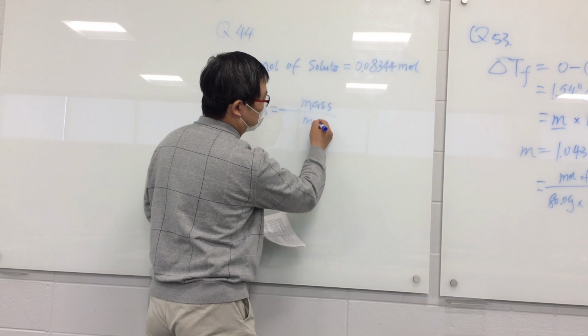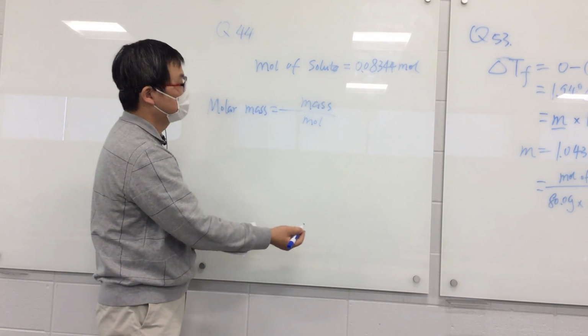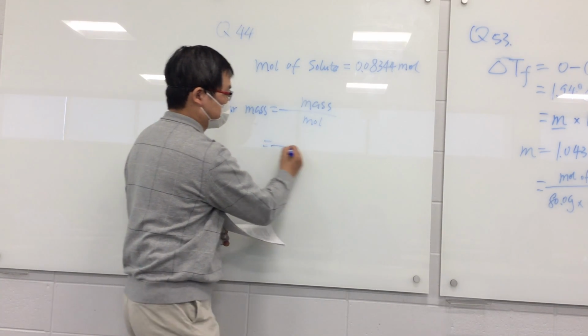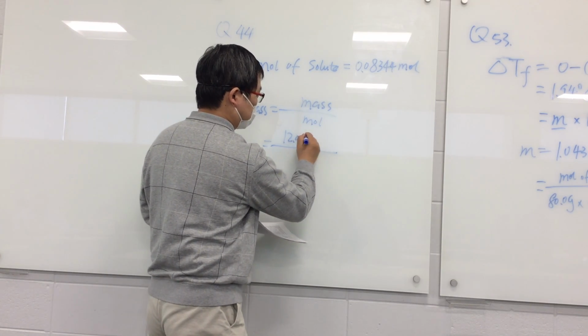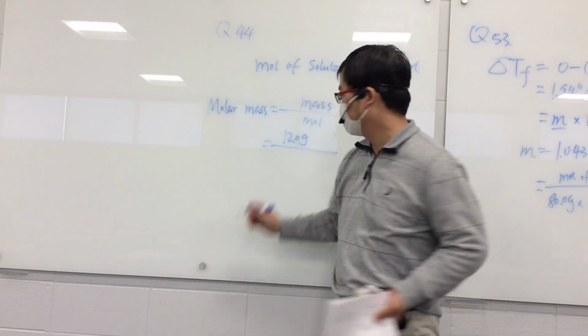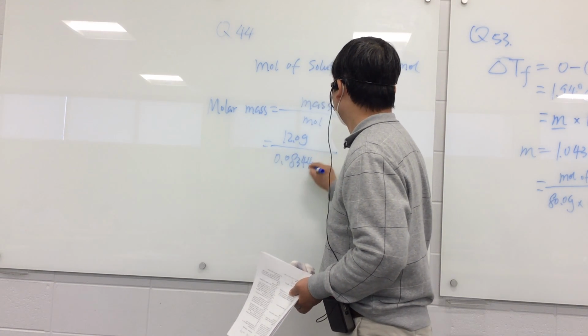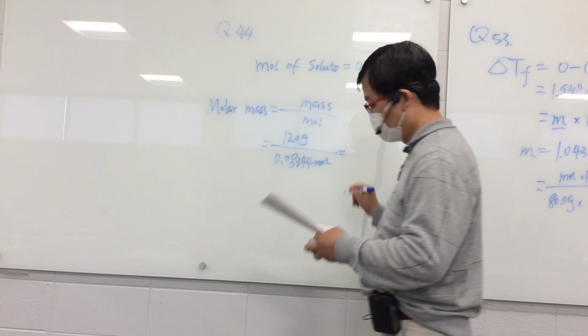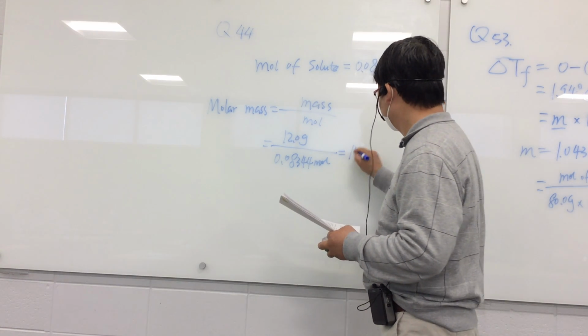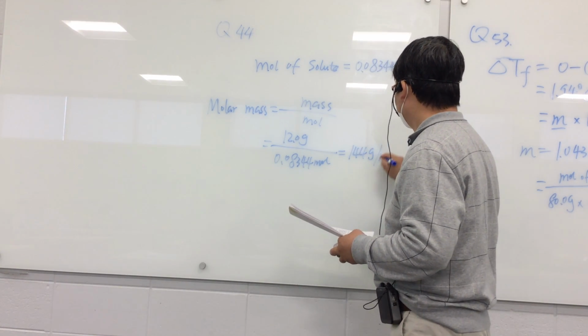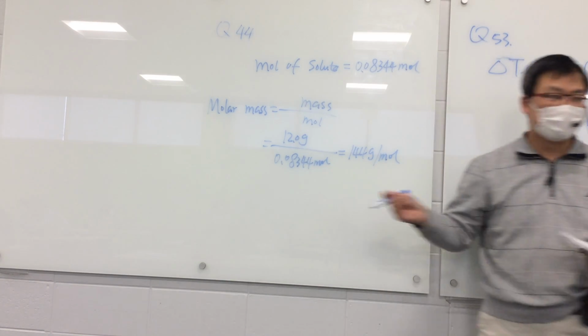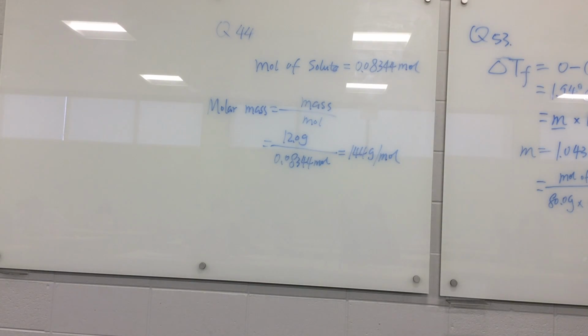Mole. Right? And the mass is 12.0 gram. The mole is 0.08344. The molar mass is 144 gram per mole.